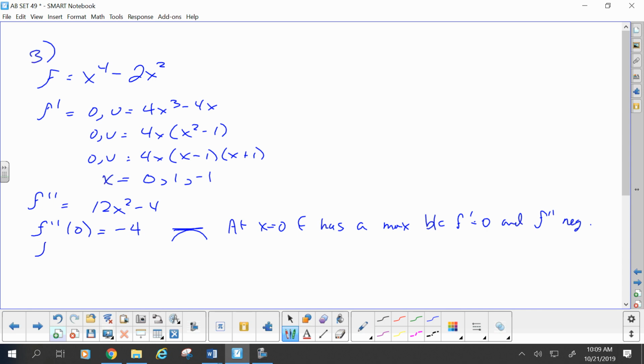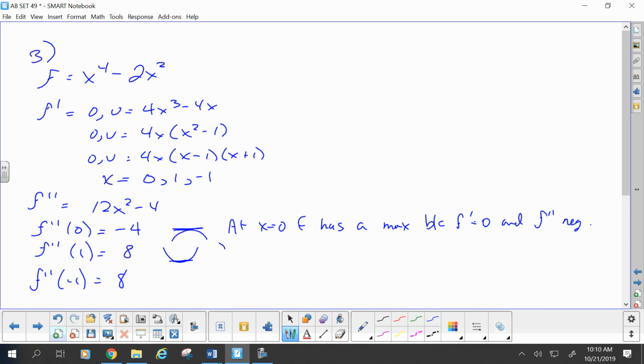What about f double prime at 1? F double prime at 1 is 12 minus 4, or 8. That means we have a flat spot with concave up, because the derivative is 0 and the second derivative is positive. Maybe we can do -1 also while we're at it, to save you some time. You'll see at -1 it's the same.